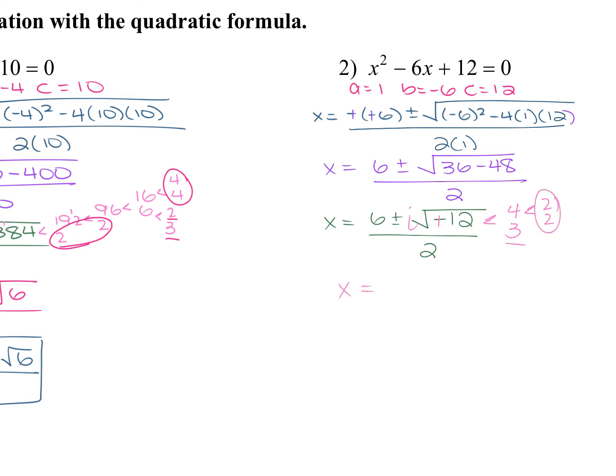That gives you x is equal to 6 plus or minus 2i square root 3 all over 2. 6, 2i, and 2 are all divisible by 2. So your 2 becomes 1, your 2i just becomes i, and your 6 becomes 3 to give you 3 plus or minus i square root 3.